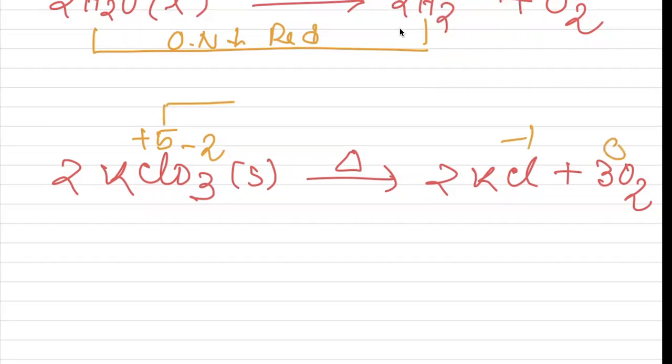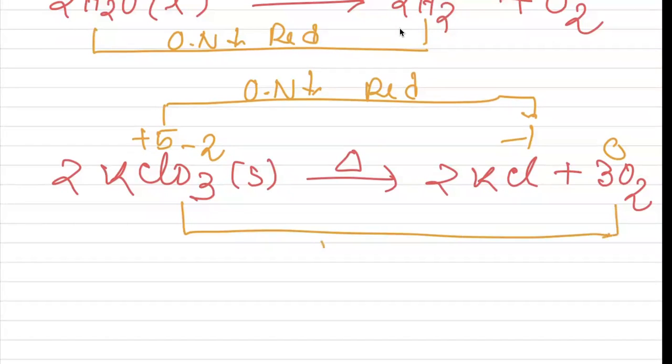So here from +5 to -1, the oxidation number decreases, that means reduction. And here -2 to 0, the oxidation number increases, means oxidation. So this is an example of a decomposition reaction. And because we are applying heat to it, it is an example of thermal decomposition.